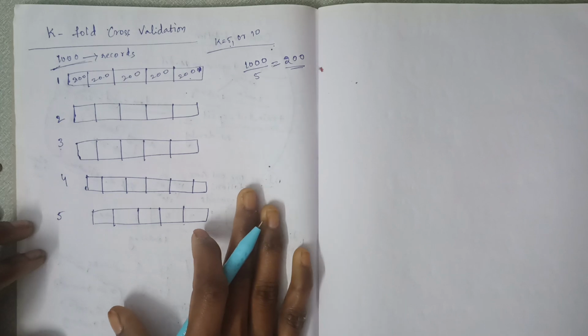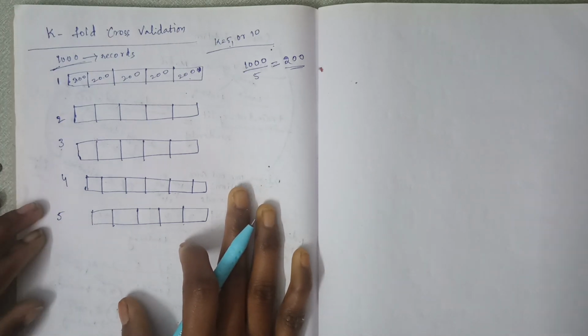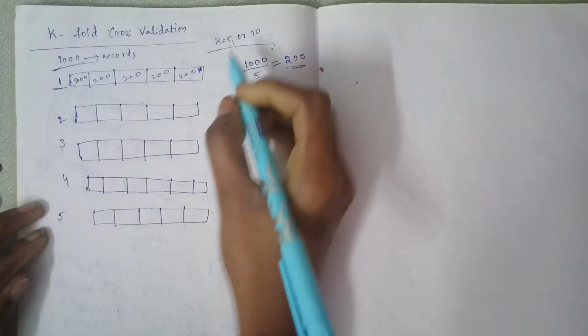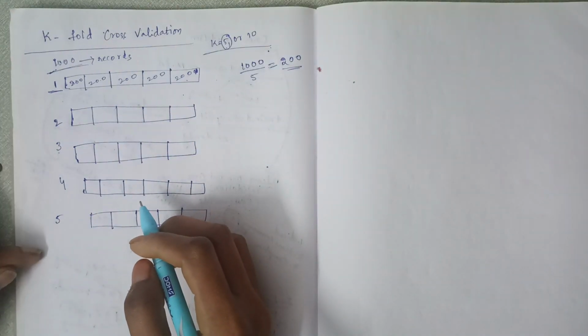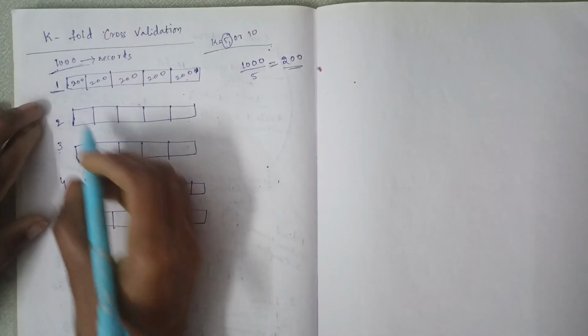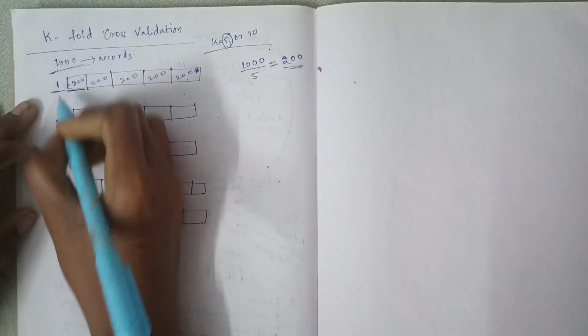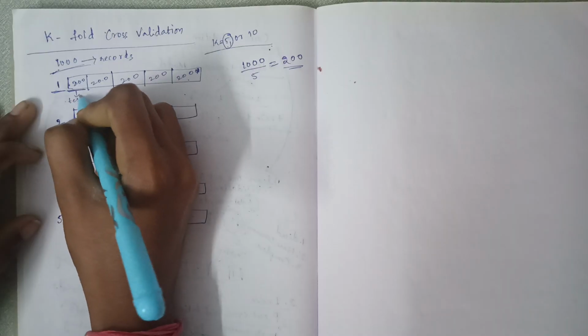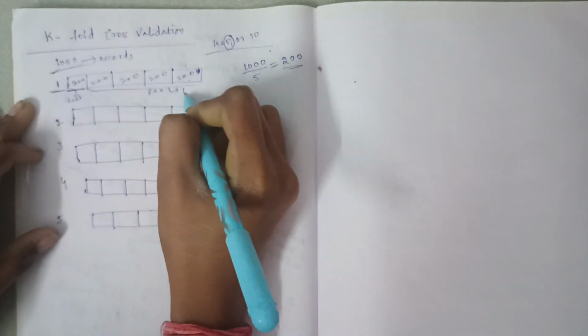And what happens here is, when we are doing the K-fold cross validation, as K is equal to 5, we need to repeat for 5 iterations. In the first iteration, the first 200 data set will go for the testing data, and the remaining 800 will go for the training data.